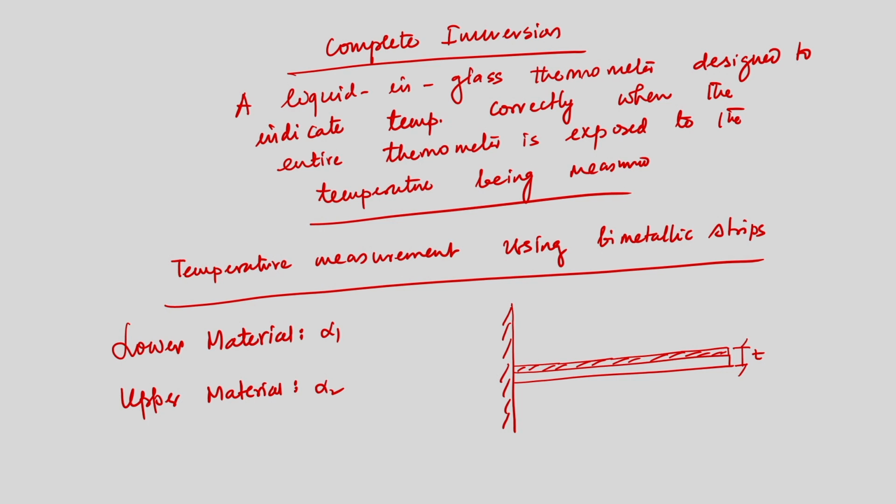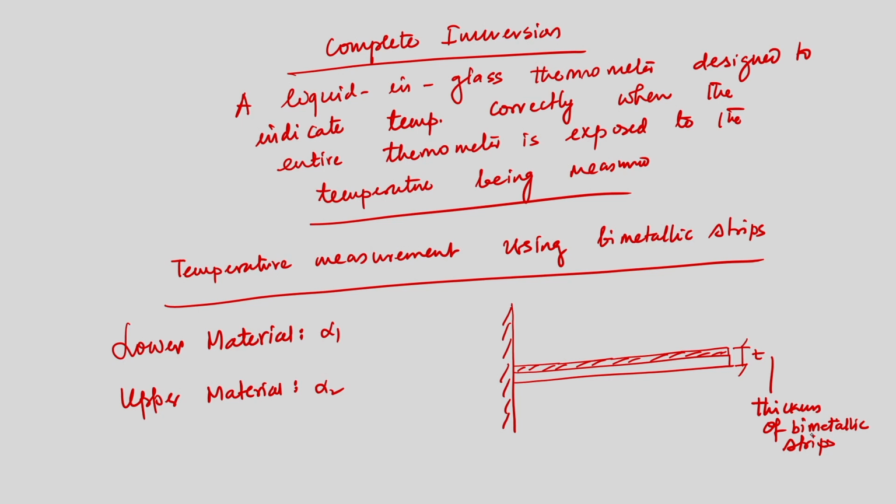The total thickness of the bimetallic strip, because two different materials are bonded together having different thermal expansion coefficients, is T, and the ratio of the thickness of low to high thermal expansion material will be denoted by M. So, these two materials have different expansion coefficients, alpha 1 and alpha 2, and T is the thickness of the bimetallic strip.